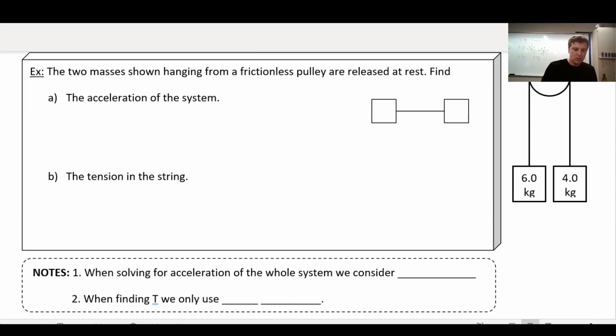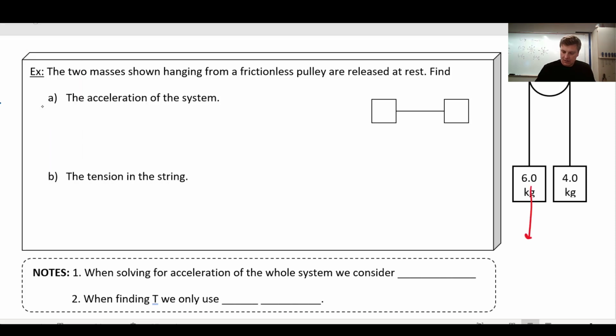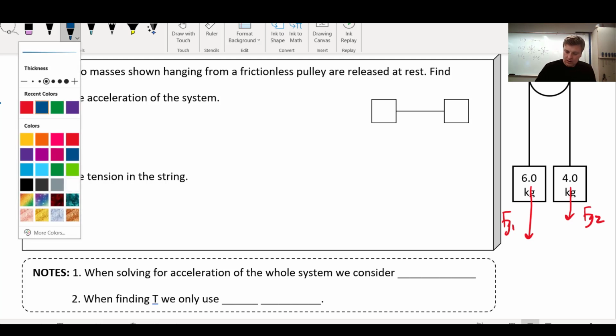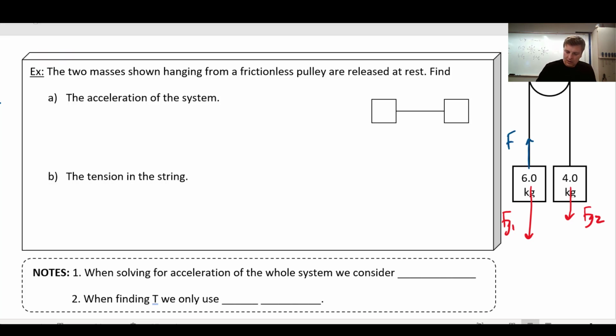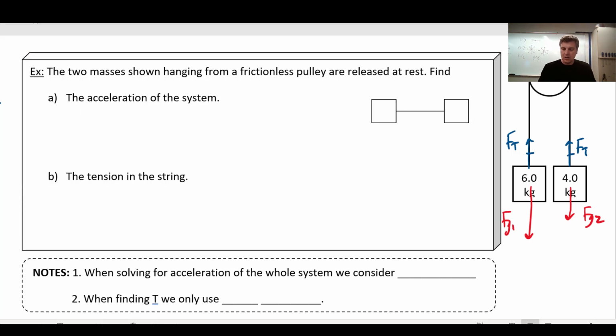Here I've got two unequal masses. So again, I'm going to draw this picture here. I've got FG1 pulling down there, and then FG2, which is smaller. And then I've got tension force 1 upwards, and also the same tension force, also upwards. And a reminder that these two forces are the same.